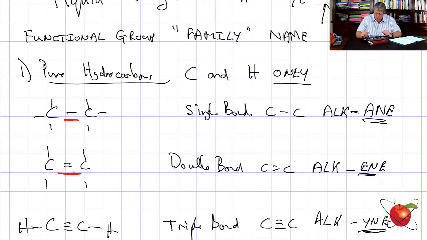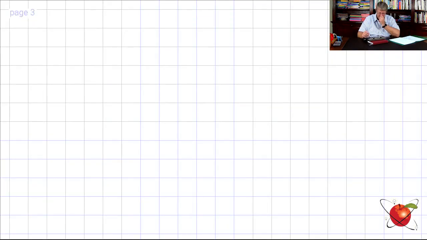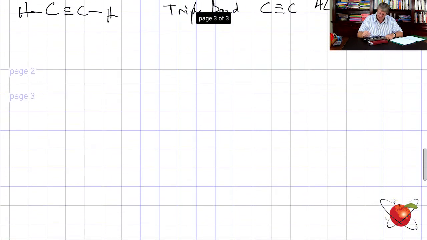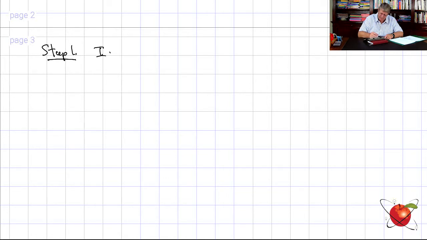So step 1, as we're building up this methodology, we say, okay, the most important thing that we need to do is we need to say, first of all, okay, I just want to just take that. So step 1 in our process, step 1 is identify the carbon to carbon bonds.